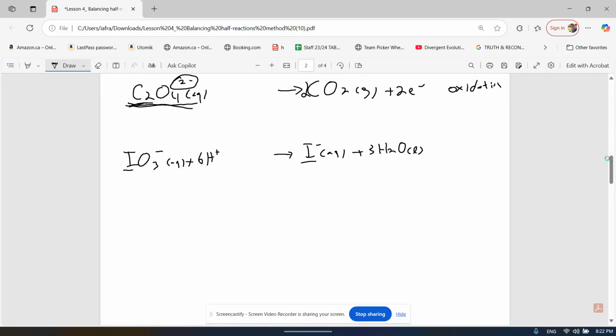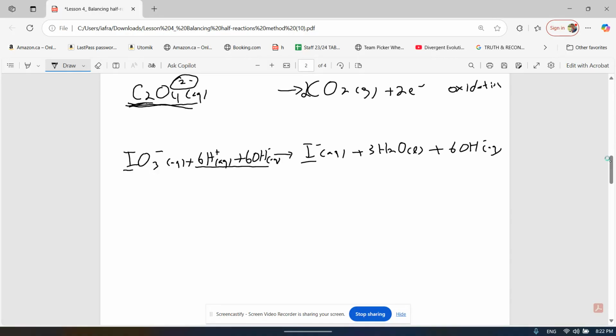And now our next step is something that's going to be unique to basic conditions. You're going to add the same number of OH- that you've added of H+ to both sides. So you're going to do plus 6OH- (aq) on each side. And now we're going to combine these together.